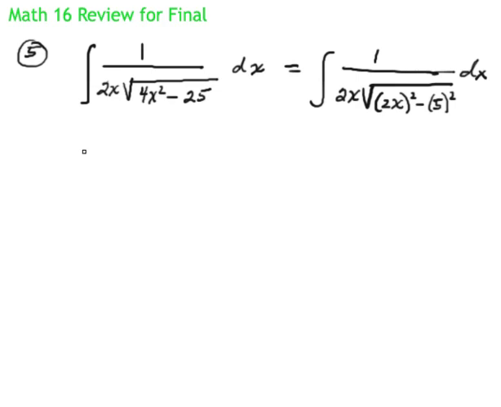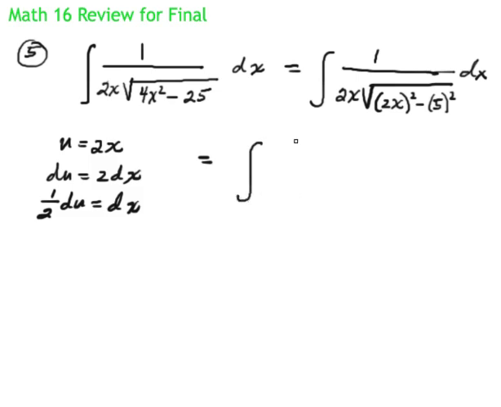Let's put u equal to 2x, and 1/2 du is equal to dx. So here we have 1 over u, square root of u squared minus, I'll write this as 25. And then for dx, we substitute 1/2 du.